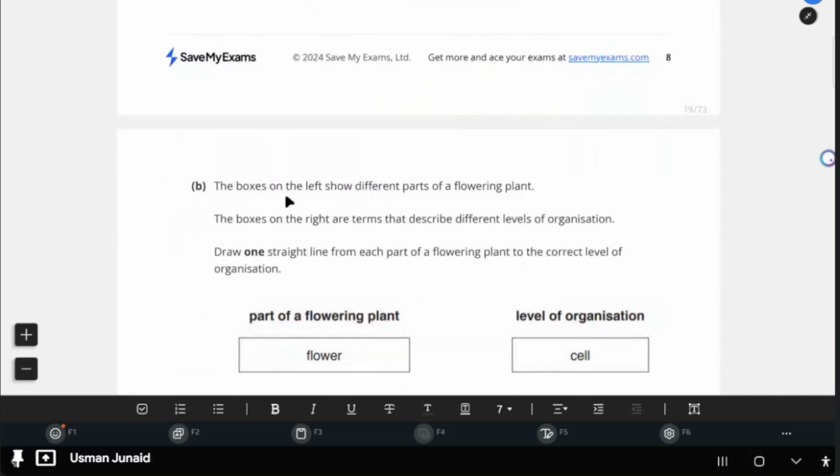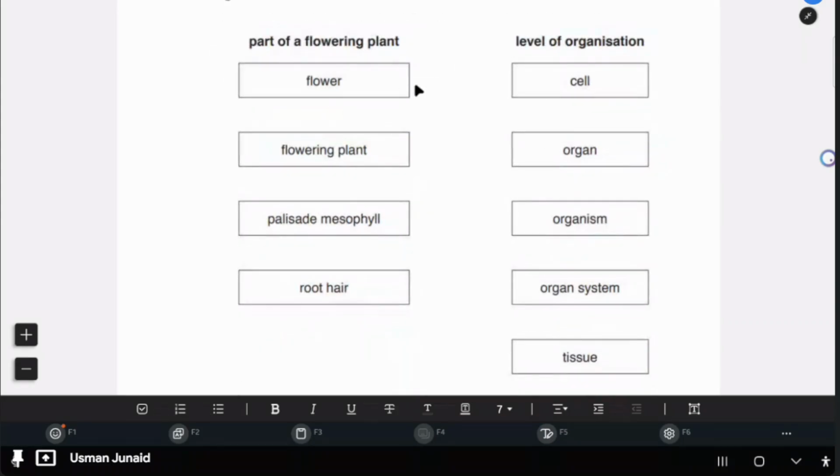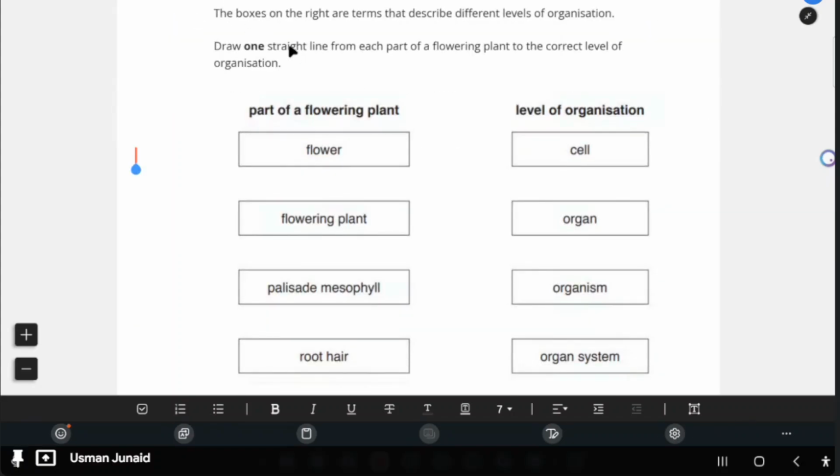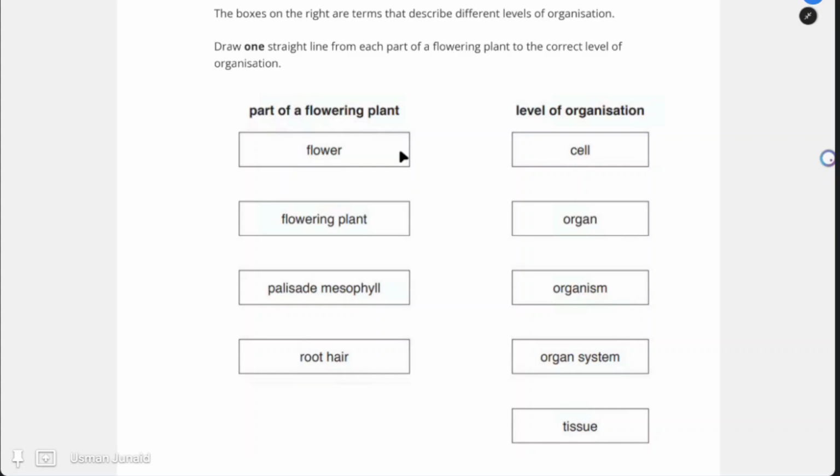Okay, the box on the left. So what's a flower? Is it an organ, a cell, an organism, or an organ system? The flower is an organ, right?